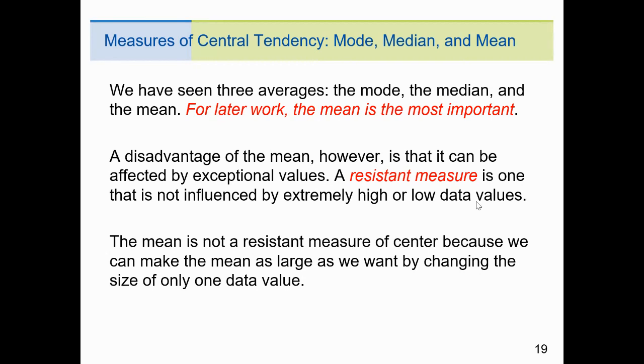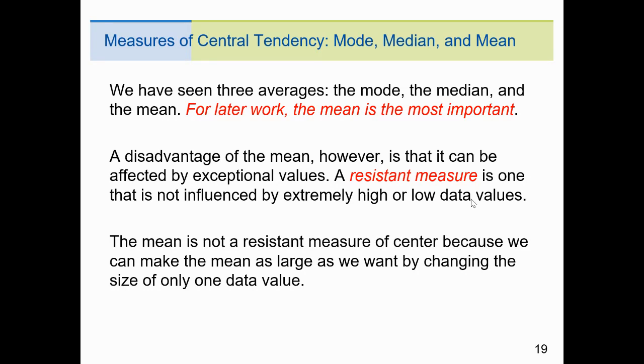We've seen 3 averages: mean, median, and mode. For later work, as we move through the course, the mean is the most important. The disadvantage of the mean, however, is that it can be affected by exceptional values. If we were in class face to face and I asked everybody to give me how much they made last year, then the president of the college walks in and gives us her salary.